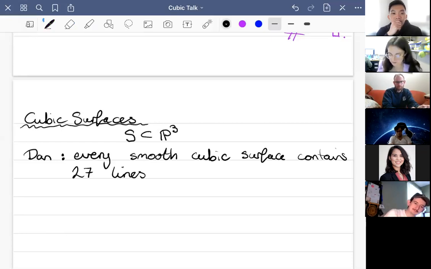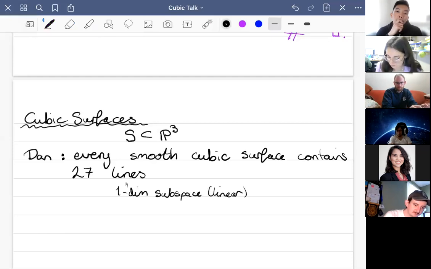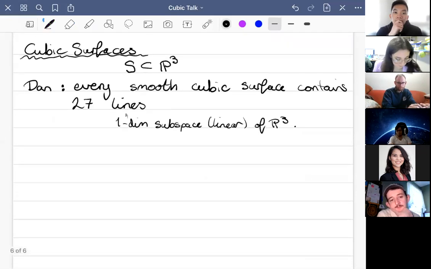Here, when I say line, I really just mean a one-dimensional linear subspace of the P3. So I'm not going to reprove this, but this is something that Dan told us about.